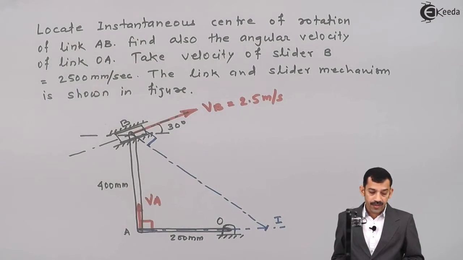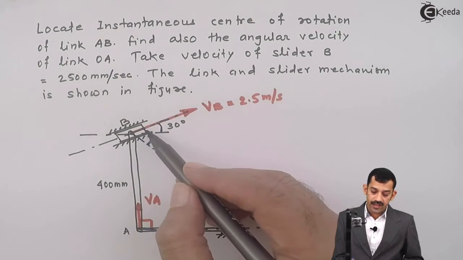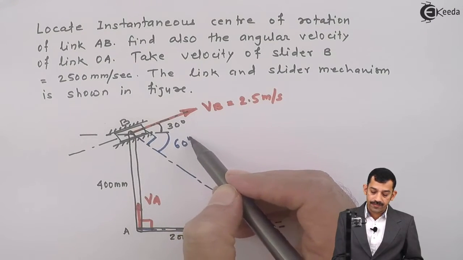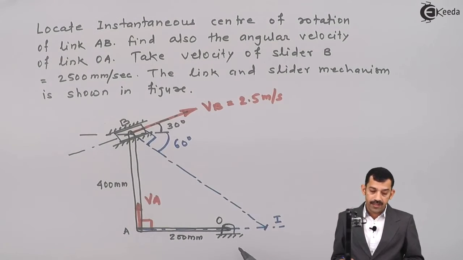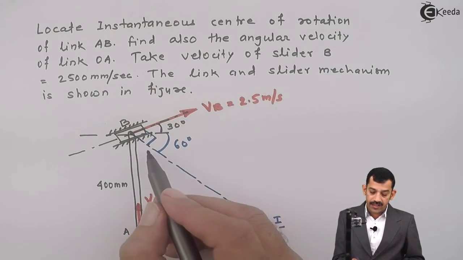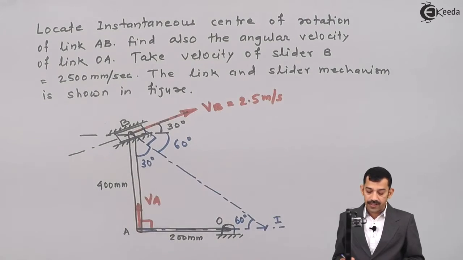To find IB and IA, as this angle is 30 and this one is 90, the angle with horizontal is 60. That means IB is inclined at 60 degrees with horizontal. So this angle is again 60 degrees, this is 90, and the angle at B is 30 degrees.